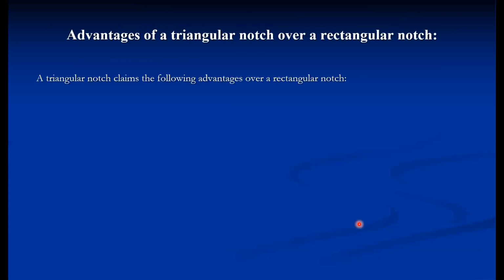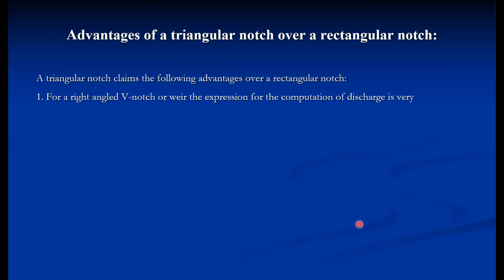The most commonly used are the triangular and rectangular notches. But triangular notches are sometimes found advantageous over a rectangular notch. That is because for a right angle V notch, the expression for computing discharge is very simple, as only the H quantity is required.